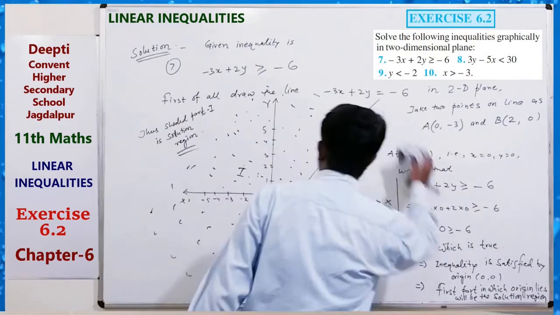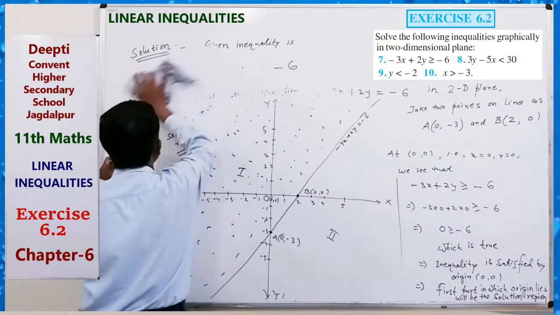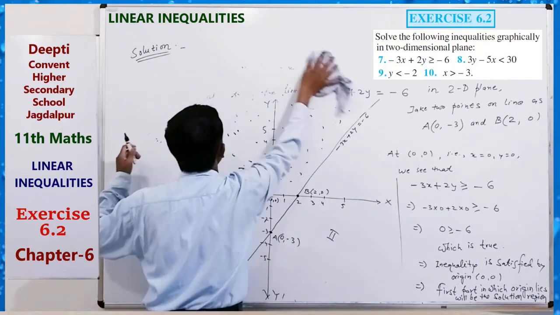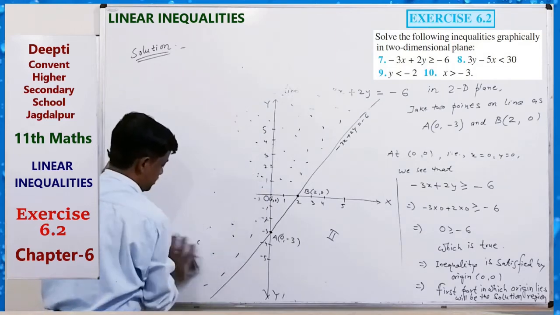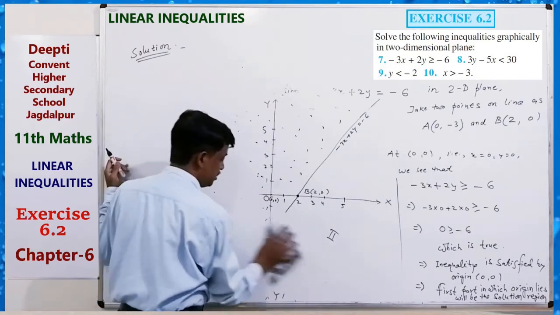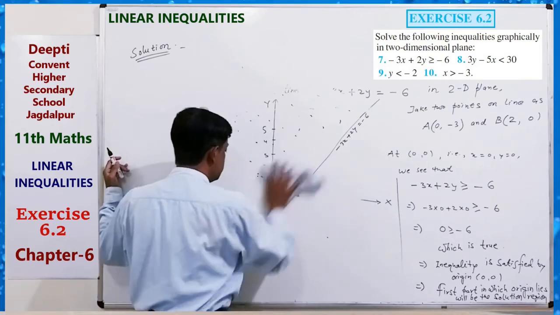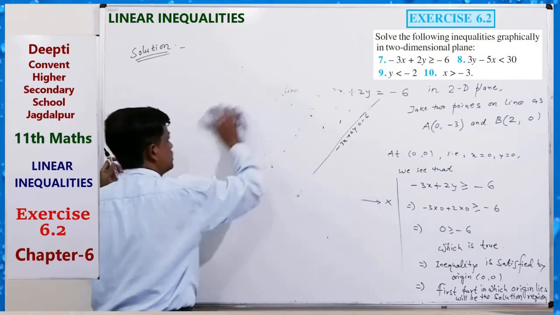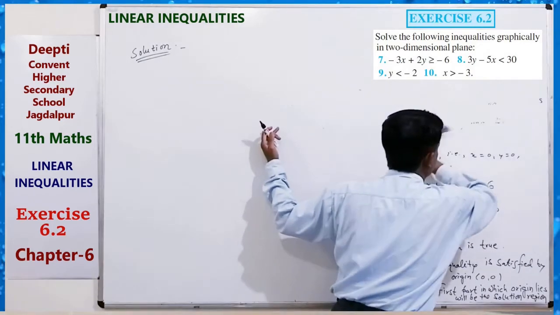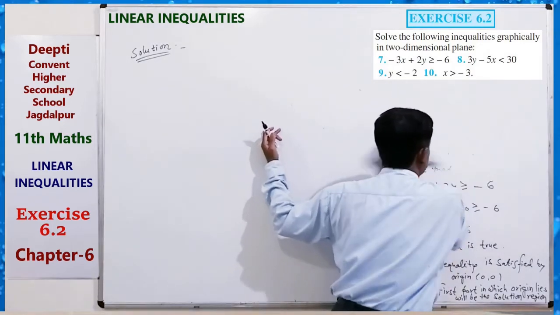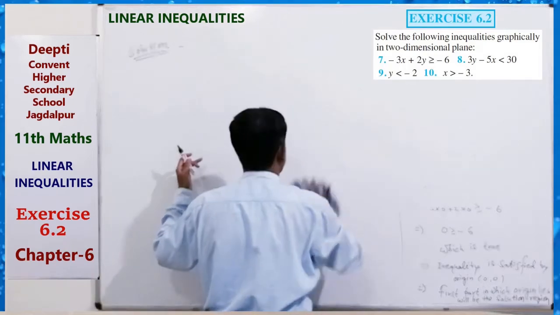Now take the remaining questions of exercise 6.1, which are in verbal form, related to linear inequality in one variable. That is a very important part also. So take question 21.